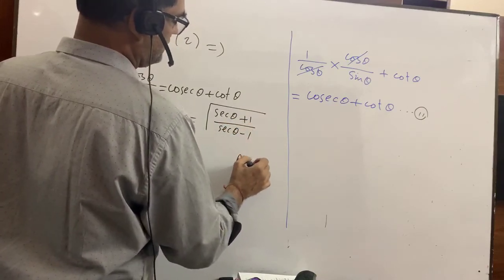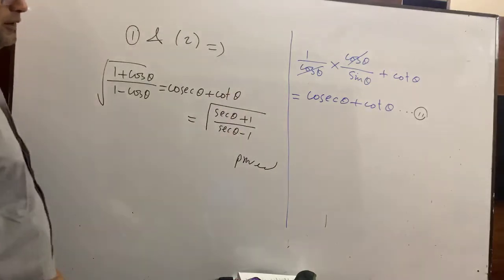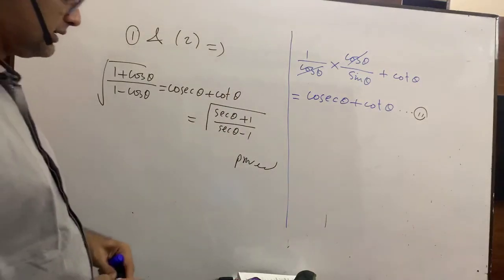So our math is done and it is proved. Okay, this type of math.